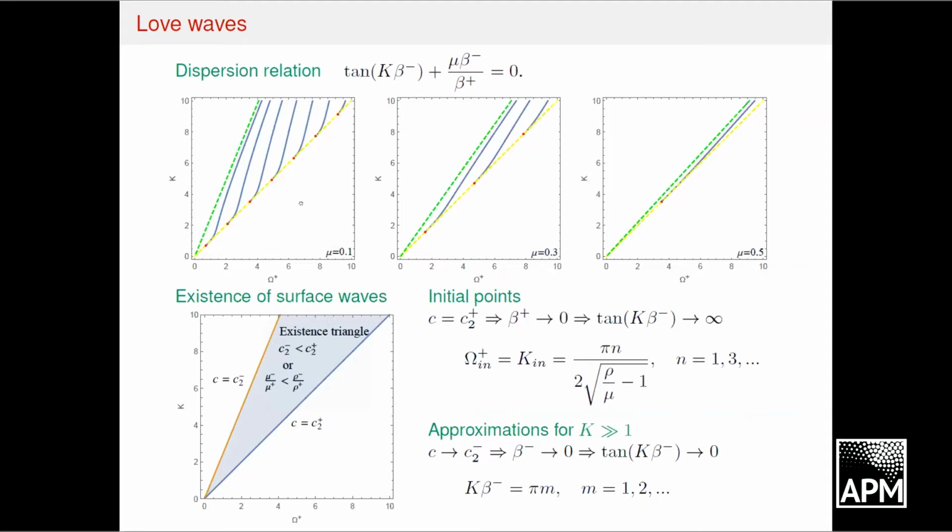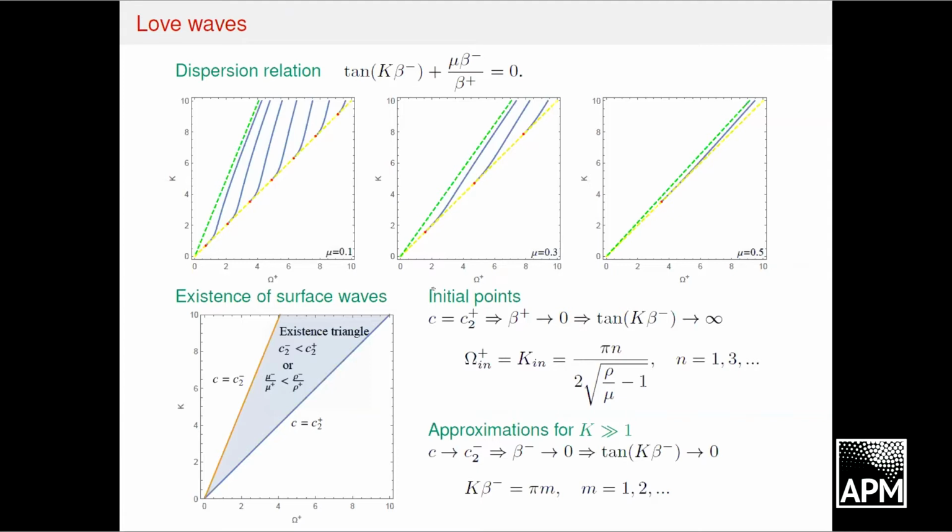And first of all, we can certainly observe that these two lines here, the boundary lines, the yellow one and the green one, are very clear. They are associated with the shear wave speeds, as we would expect for classical Love waves. So we see that our curves start originating on this yellow line.